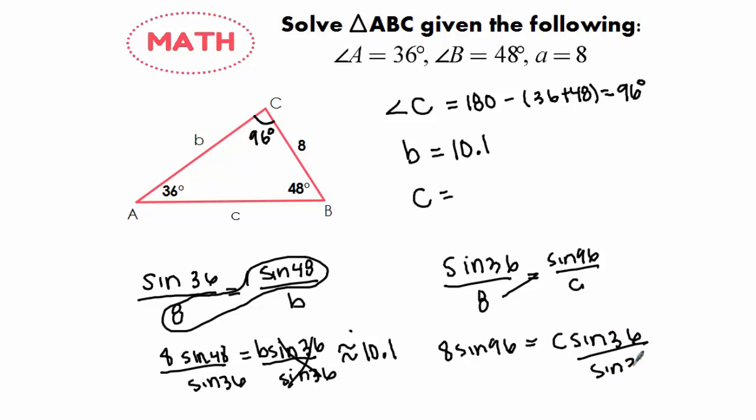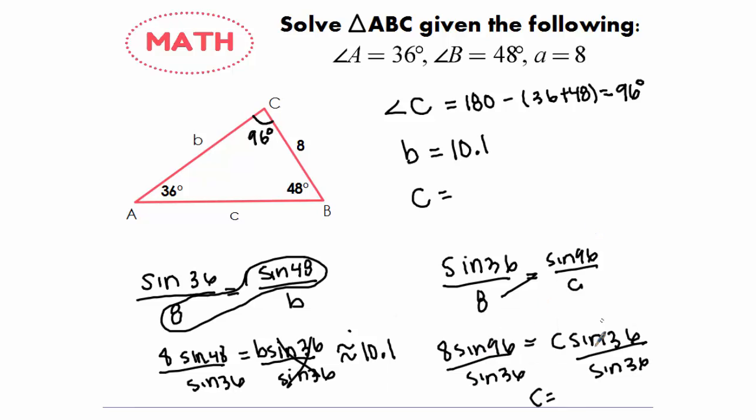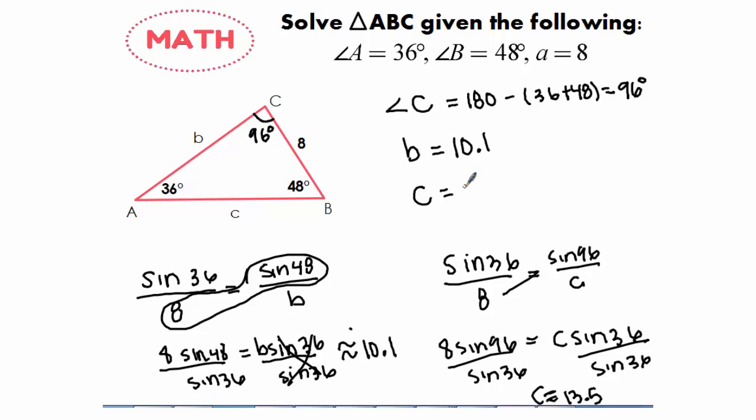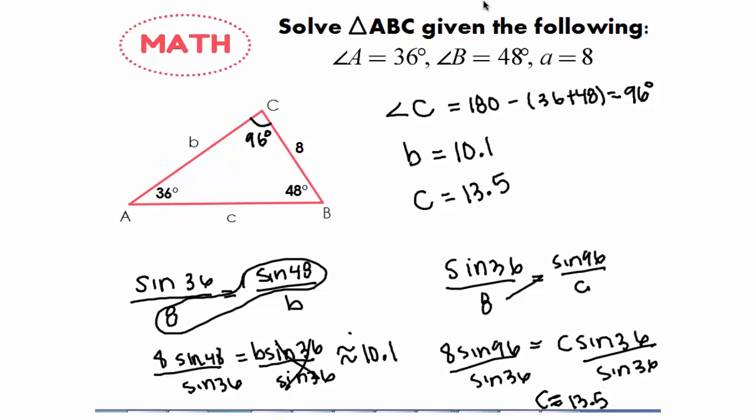Divide both sides by sine 36. And then here I'm going to plug that into the calculator again to solve for C. And C is going to be approximately 13.5. So I'm going to write it up here, 13.5.